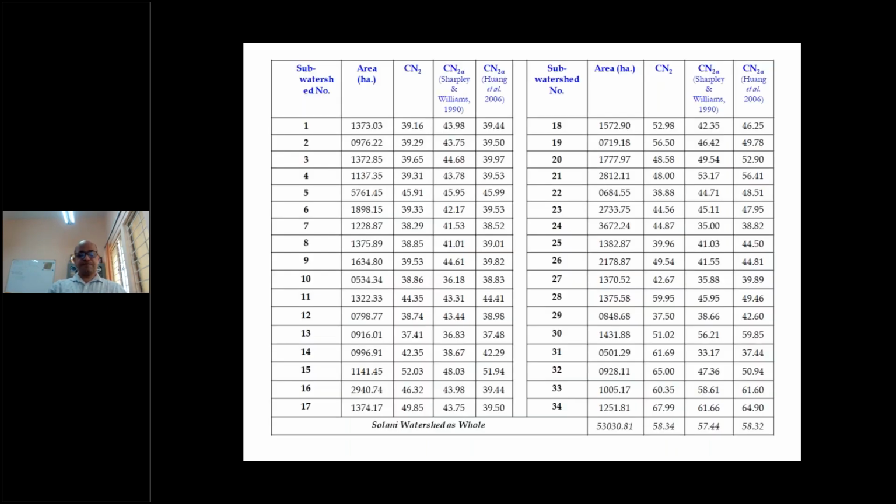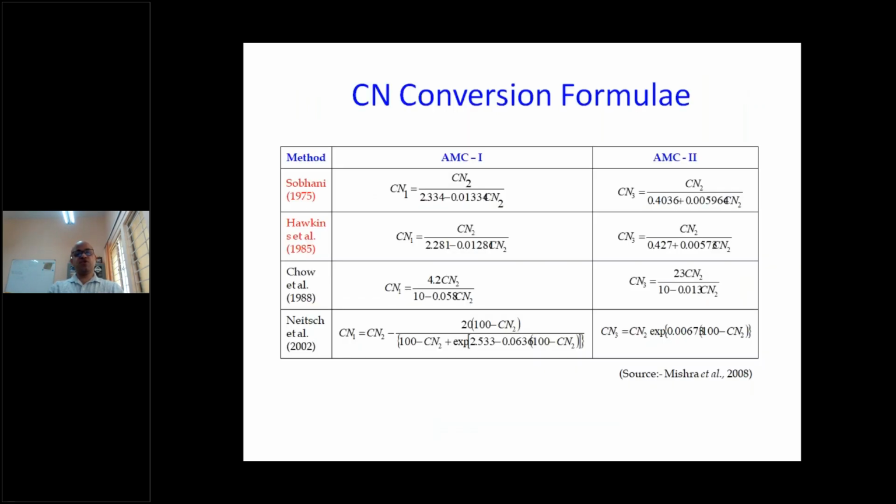Now using curve number 2, for each sub watershed we have extracted, and for every day, so this is a representation of a table: what's the actual curve number, what's the actual area of each sub watershed, and how the improvement due to slope adjustment has happened in curve number 2 in all the sub watersheds.